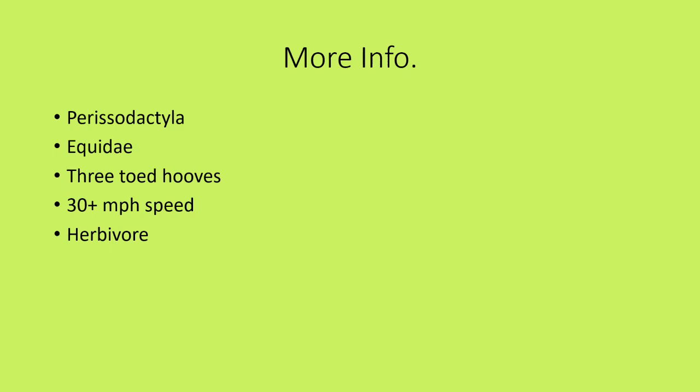More information about Miohippus. It is part of the Perissodactyla, or Perissodactyls. Perissodactyls are hoofed mammals. They have odd numbers of toes on all of their feet, like 1, 3, or 5 hooves.